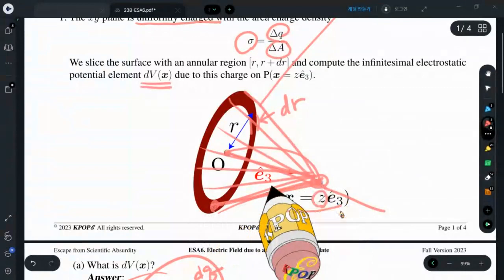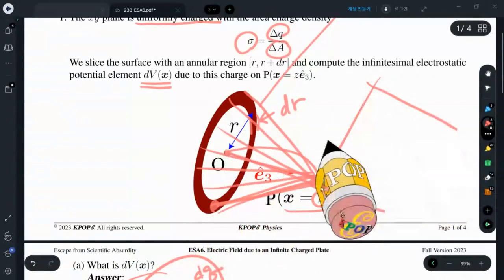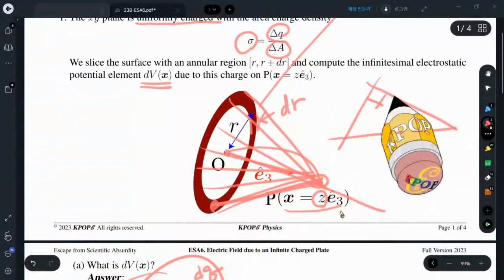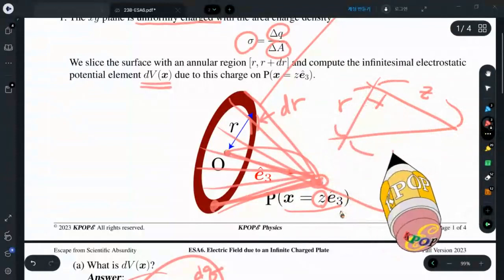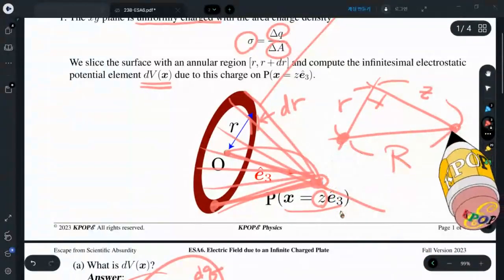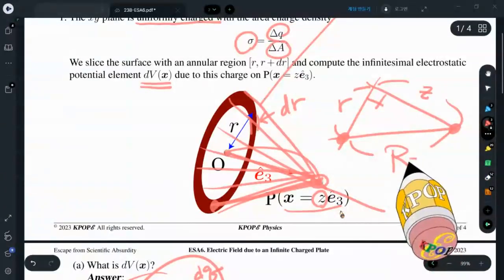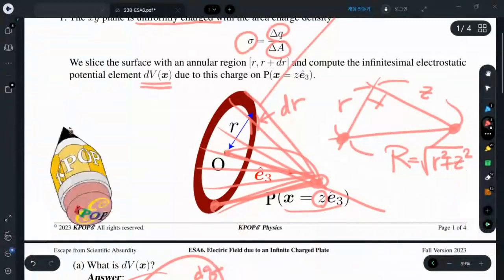And what is that distance? If I draw a cone, I can always draw a right triangle, and this is z and this is r. Now I know that capital R, the distance from the source to the field point, is completely determined by r squared plus z squared.